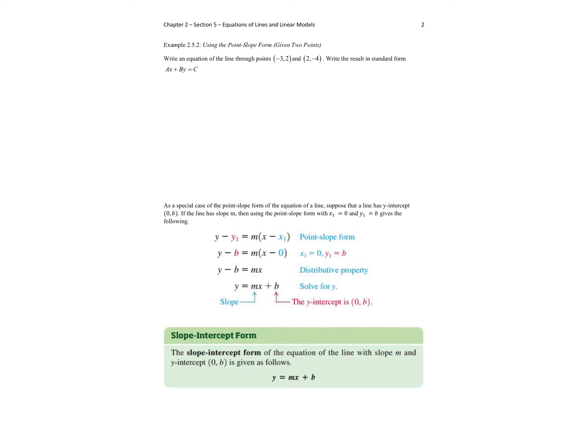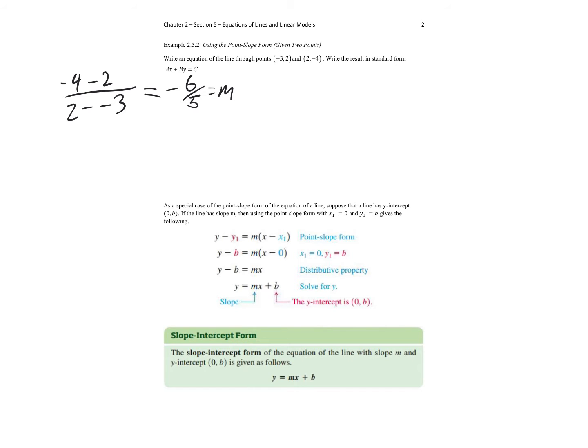Okay, now we can also use that same point slope formula if we are given 2 points, because if you have 2 points, we can actually calculate the slope. So let's go ahead and lead by calculating the slope. Let's do -4 minus 2 over 2 minus -3. And no matter what order you put it in, you should get -6 over 5 as the slope.